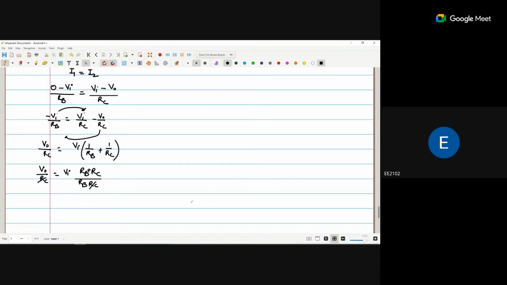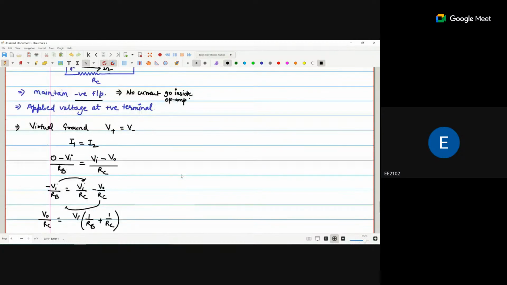RC and RC cancel out, so V0 upon Vi is equal to 1 plus RC by RB, or V0 is equal to Vi times 1 plus RC upon RB.